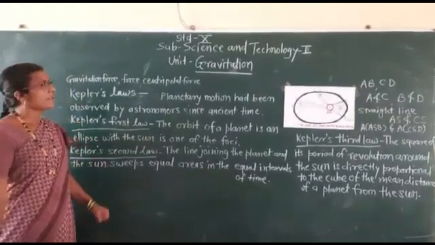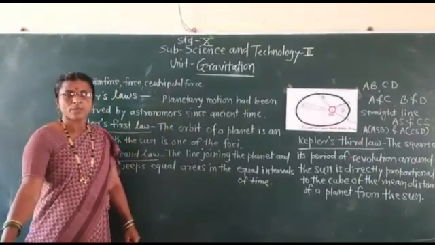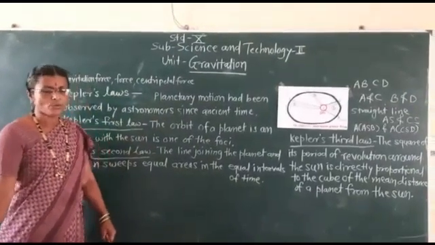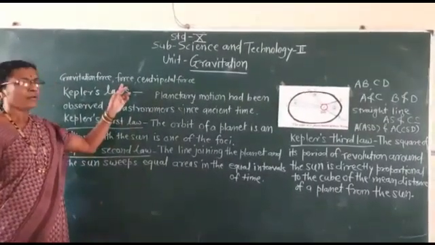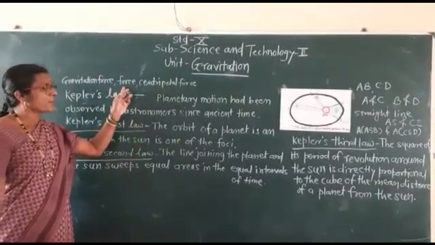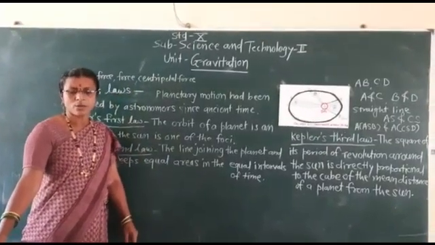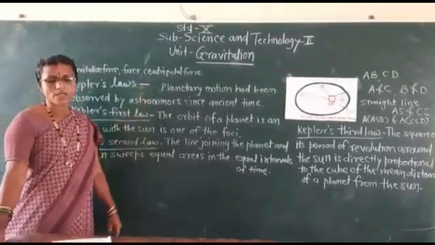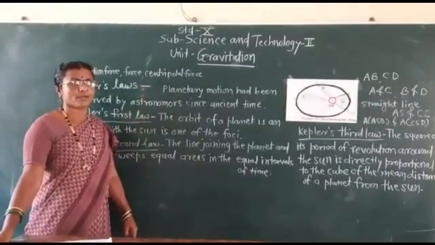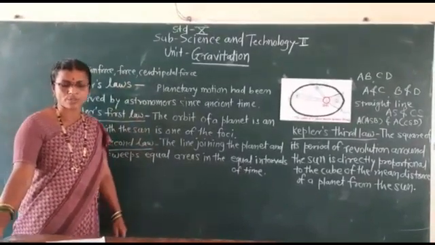Then the gravitational force, which we know acts on any two objects in the universe. Force is the necessary quantity to change the speed as well as the direction of motion of an object. So we are studying these types of force.